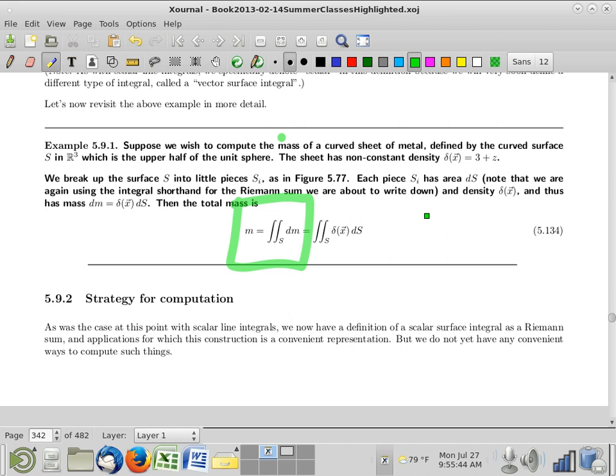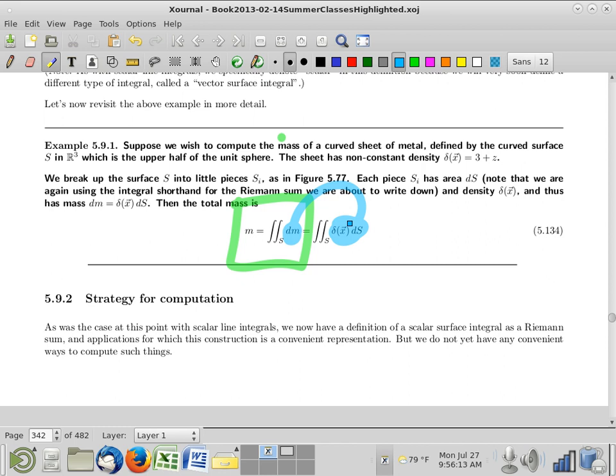And on each little piece, mass on such a little piece is mass per unit area times area. So again, I haven't gotten an answer. This is not an answer to our question. This is just a notation representing the strategy for how we're going to go about getting our answer. Nevertheless, it's progress.